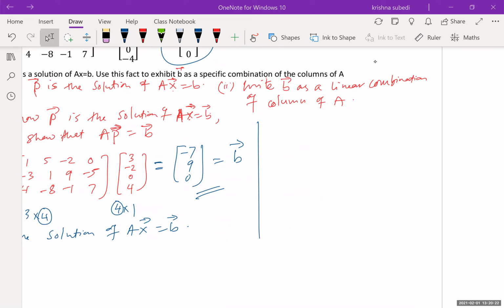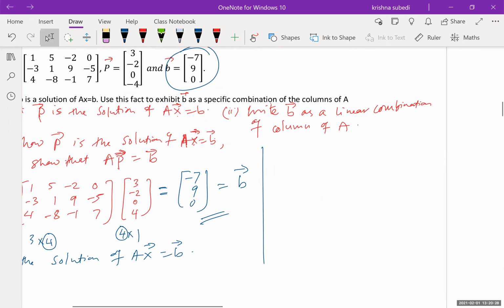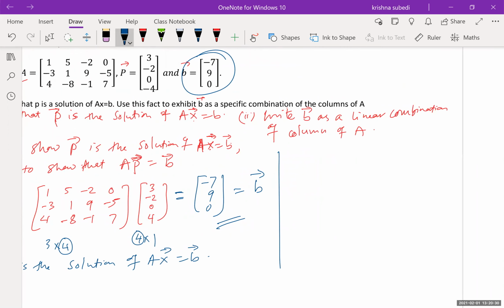So how can we write this? Let us consider the matrix equation here, which means the AX equals B form.